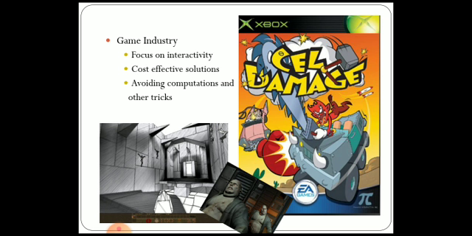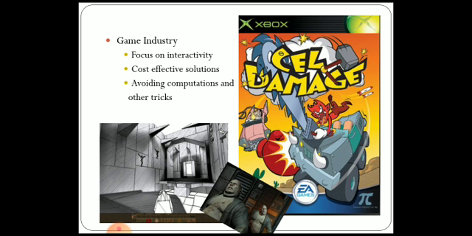So the main emphasis in any game would be interactivity. If I make an action, I want that to be reflected on the screen.